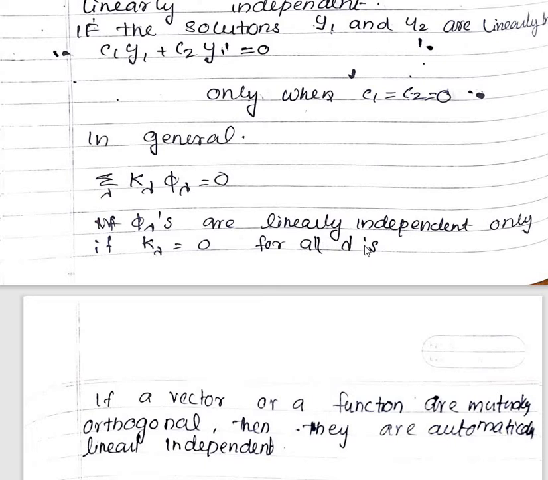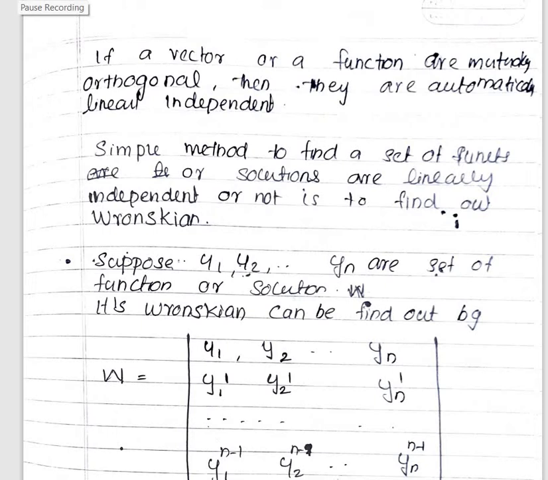If vectors or functions are mutually orthogonal, then they are automatically linearly independent.